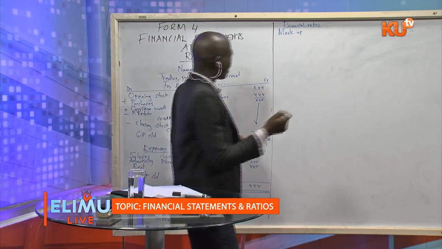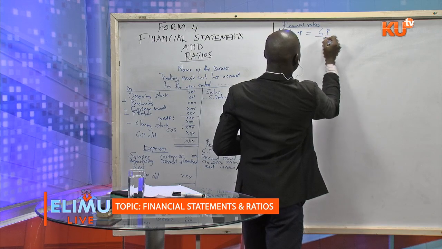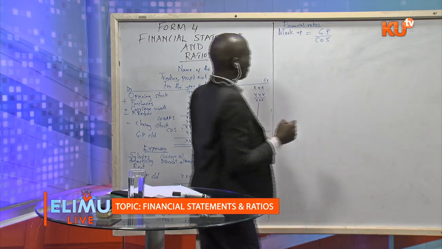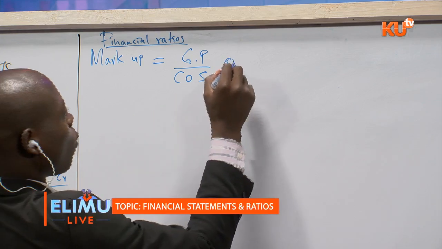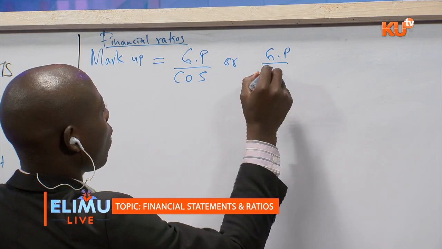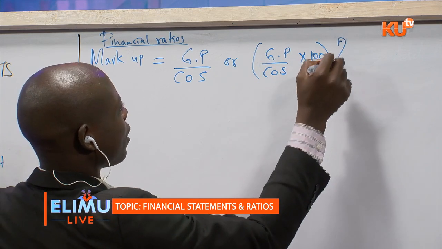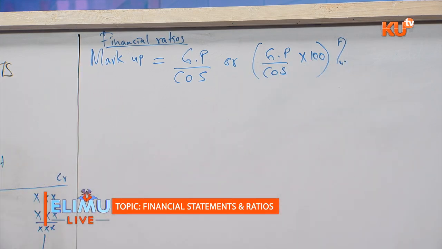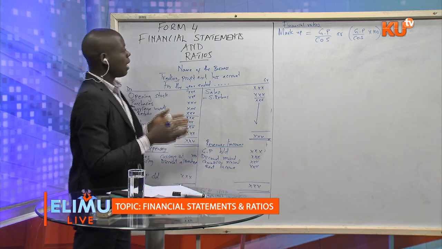Therefore, when you're calculating markup, we use the formula gross profit over cost of sale. It can either be a fraction, or we can say gross profit over cost of sale times 100 to get it as a percentage. That's how we calculate markup.